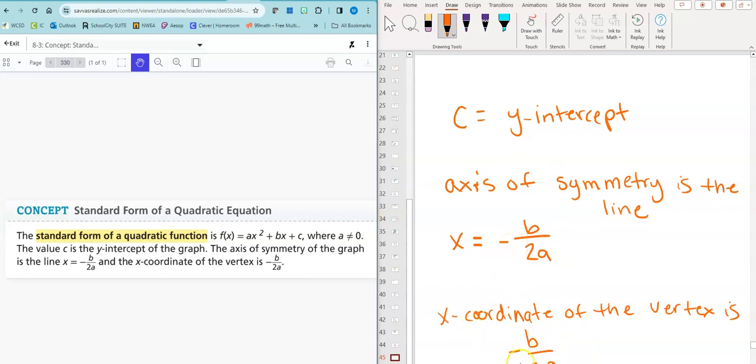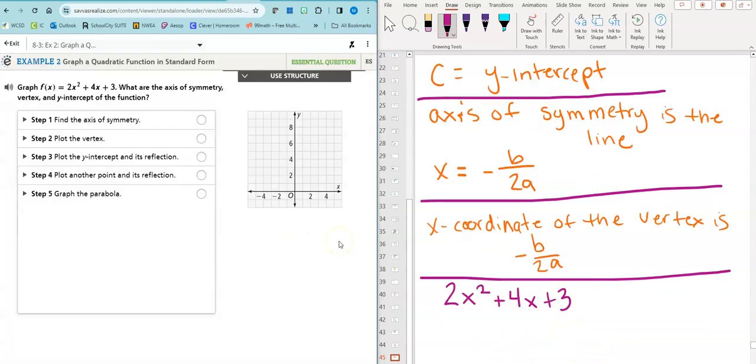That is also the same way that I find the x coordinate of my vertex. So when you go to graph this quadratic function, as you're going to see soon, I'm going to use negative b over 2a to find the line of symmetry and to find the x coordinate of the vertex.